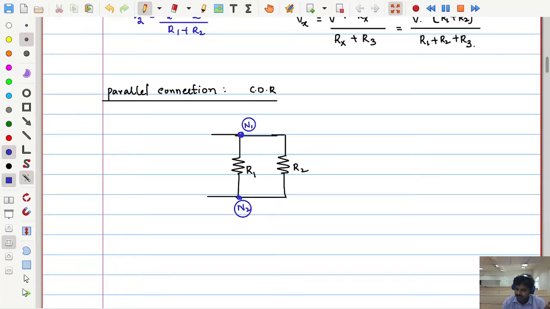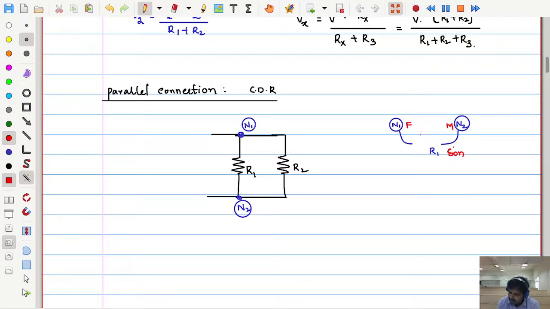R1 is having N1 on one side and N2 on the other side. You can also analyze this in a better way, like a family relationship. If these are the parents, this person is your father, this person is the mother, and this person is the child, son or daughter.